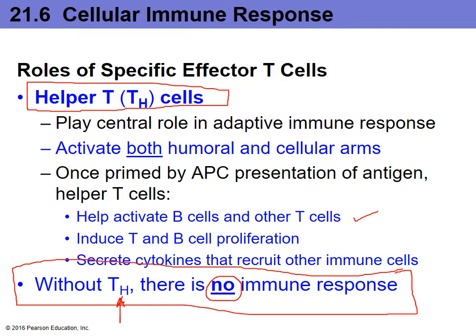It can induce those cells to proliferate, so increase their numbers. And then it can also release those chemical messengers, those cytokines, to recruit over other immune cells, including some of your innate cells. So it's an excellent way of connecting all the different aspects of our immune system. So make sure to thank your helper T cells today.